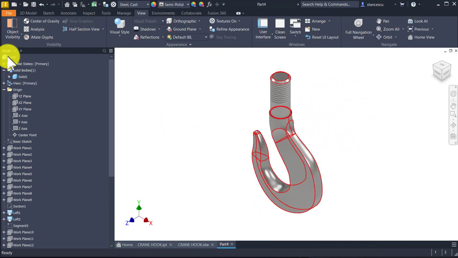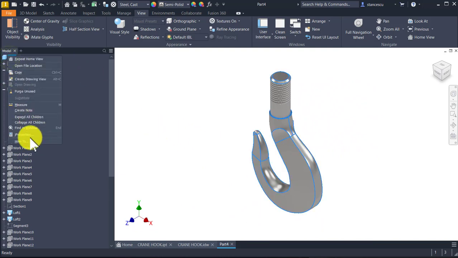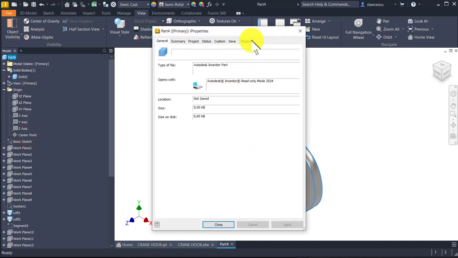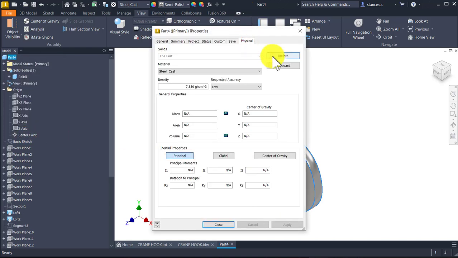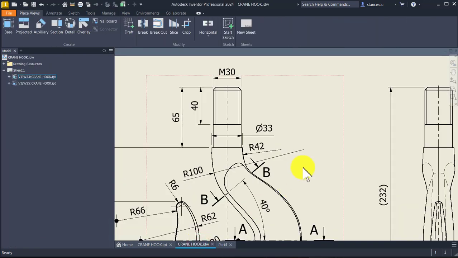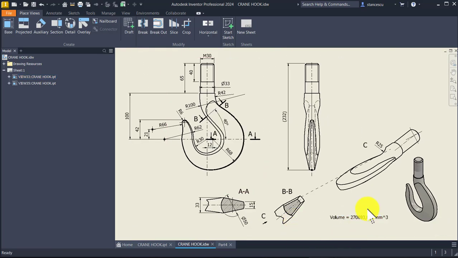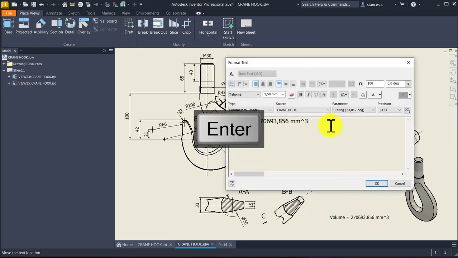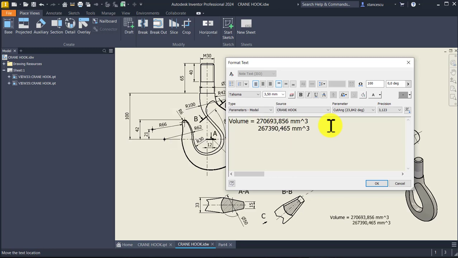Let's see what about the volume, my friends, to finish the drama. Update. Control C, double click here, and now, oh, there is a difference, but you know why.